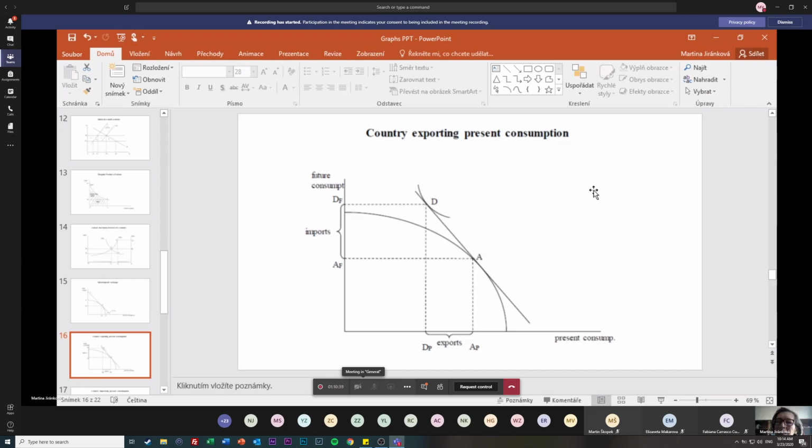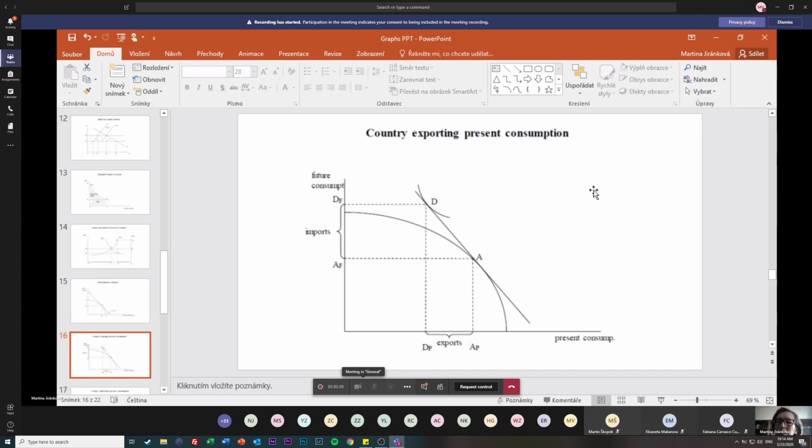If you remember, we have drawn the standard trade model, wheat and clothes. It's totally the same picture. Please think of it for you to understand it better. The only different thing, these are axes, and instead of clothes, we have present consumption. Instead of wheat, we have the future consumption.